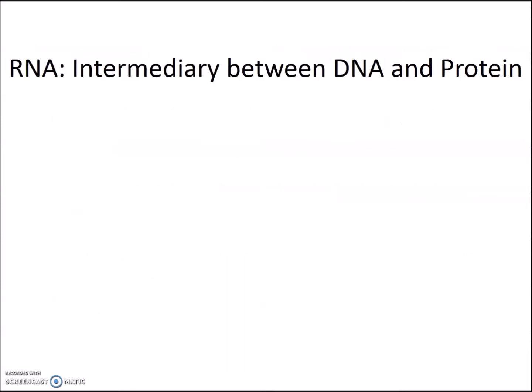Well, there's a whole other type of nucleic acid. It's called RNA. RNA stands for ribonucleic acid. Whereas, if you remember from our notes last week, DNA stands for deoxyribonucleic acid.